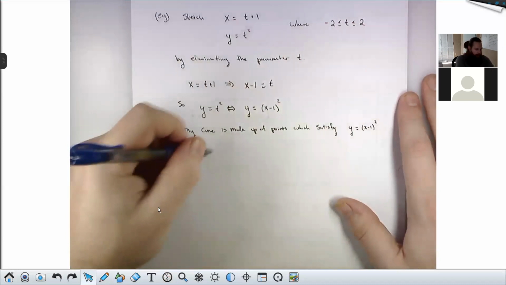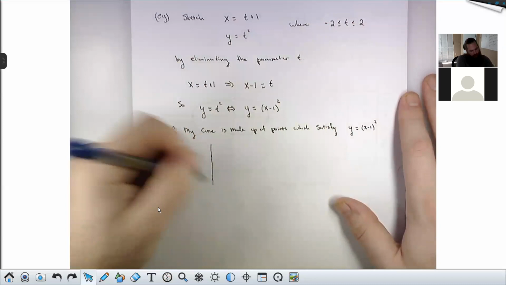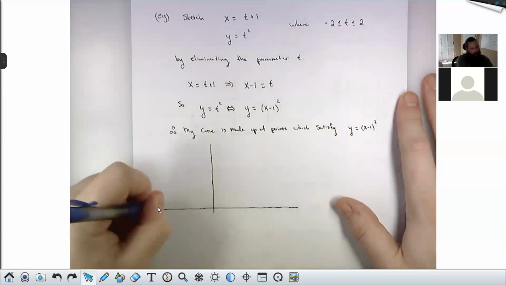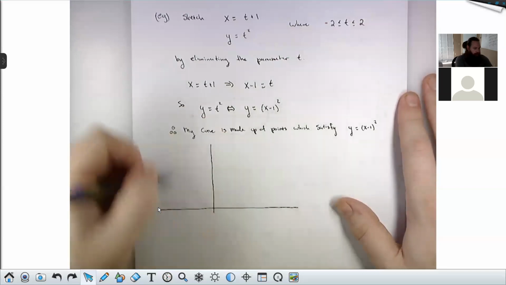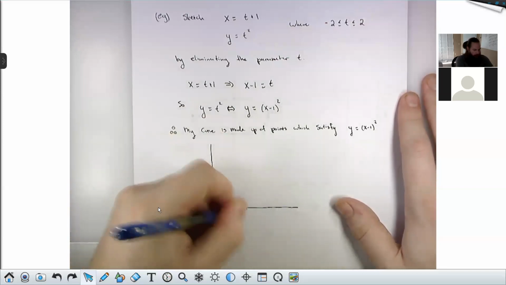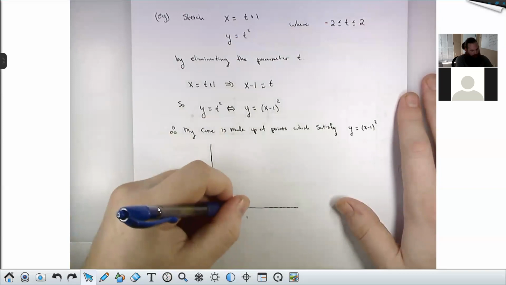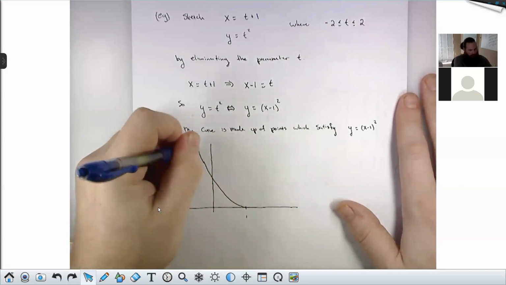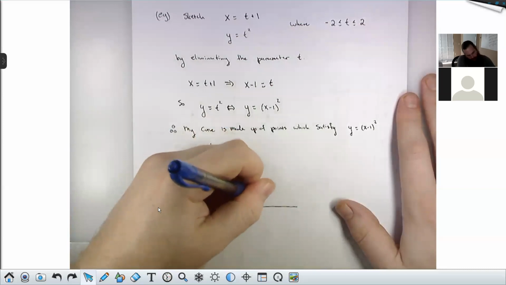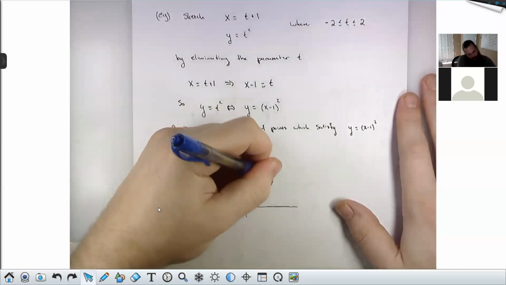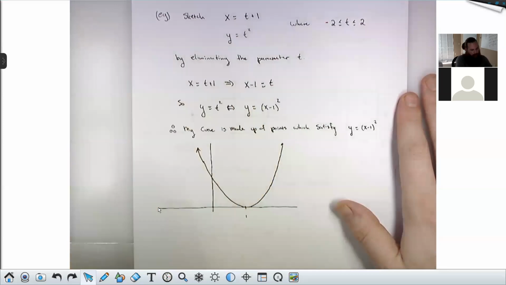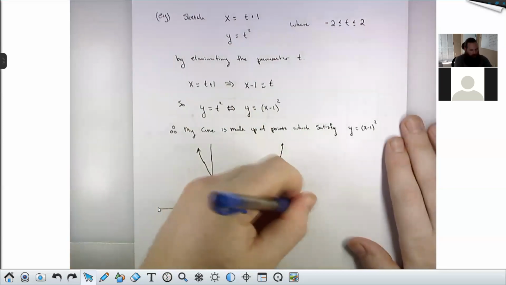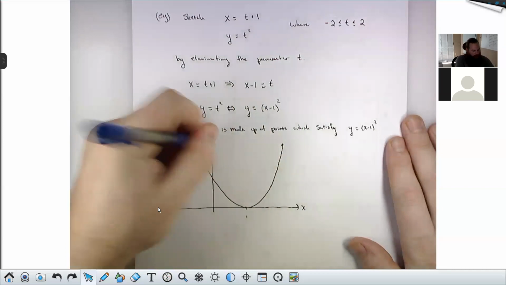And I know what that graph looks like. I take your regular y equals x squared parabola and I shift everything to the right by 1 unit. And I get something that looks like this. Again, this is the x-axis, this is the y-axis.